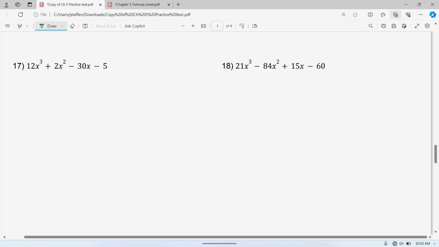Excuse me. These next two both have 4 terms, so we're going to use factor grouping. Remember, when you start grouping, if that middle term starts with a negative, you need to keep that in there. X squared, so 6x plus, you need that negative.